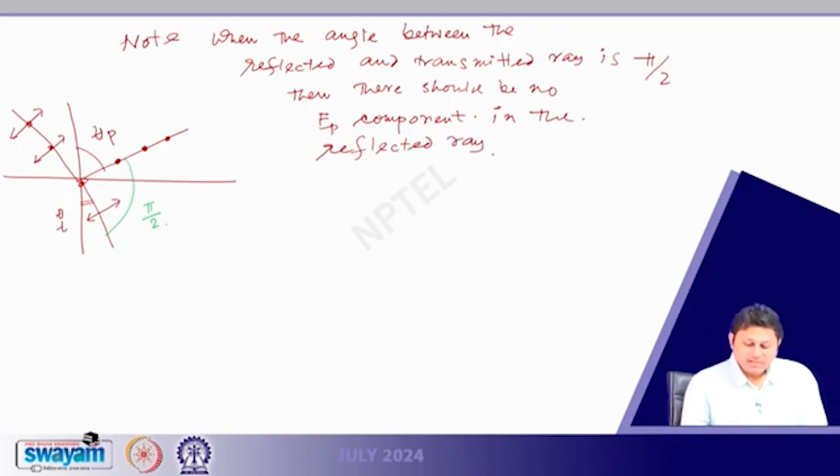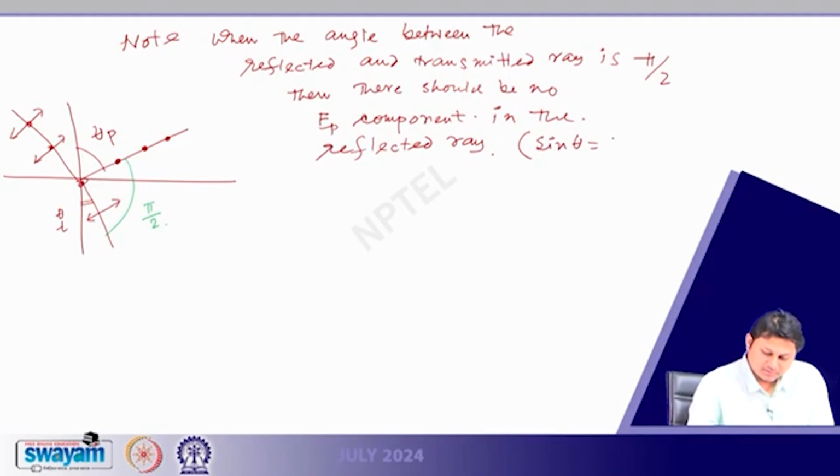The radiation due to the dipole will be 0 for EP, as sin theta will be 0 now.